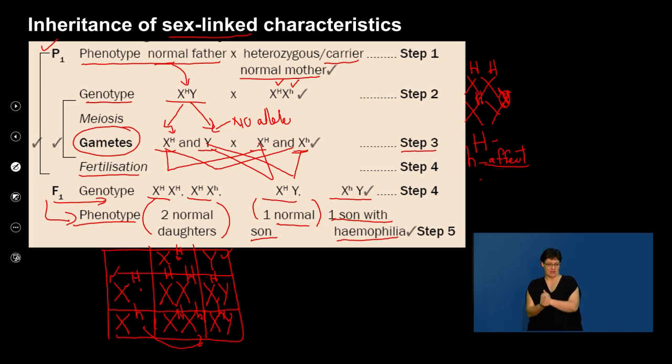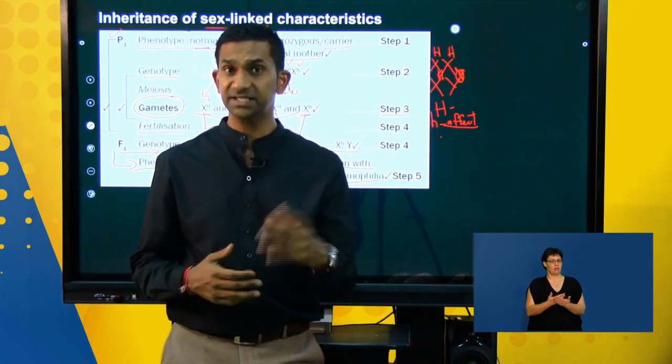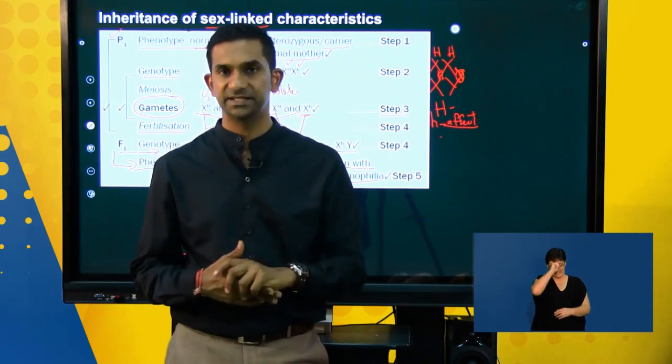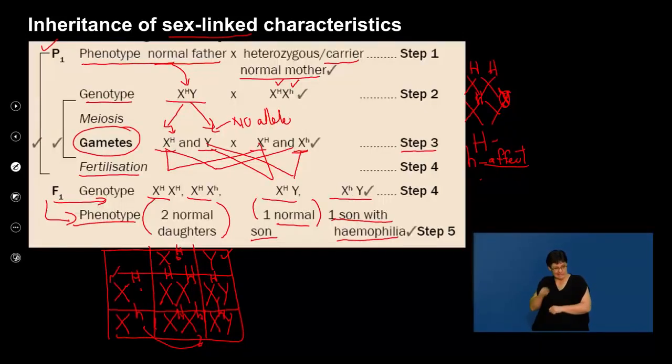And if I were to ask you a question, what is the possibility of this couple having a son that is affected? So we will need to focus on just the sons, and when we look at the sons, there is a possibility of having a son that is normal and a son that is either affected with this condition, hemophilia, or let's say color blindness.